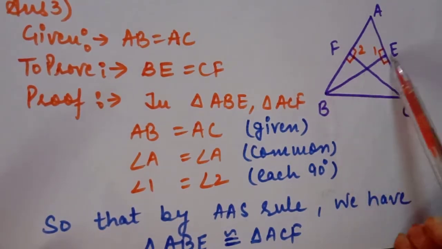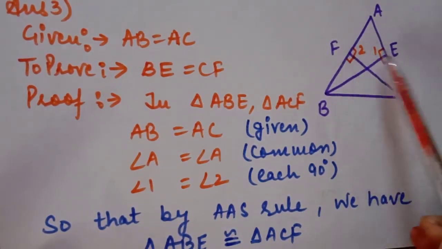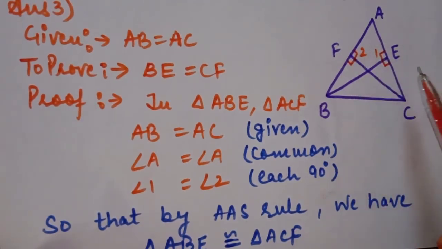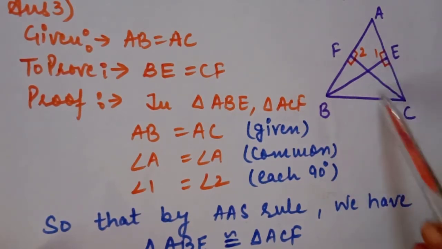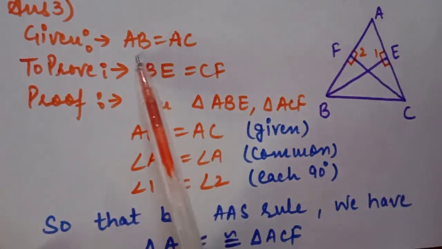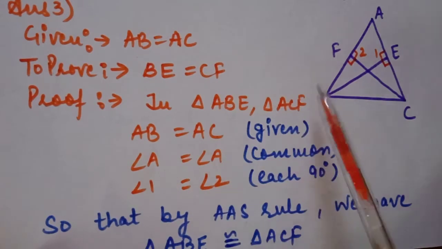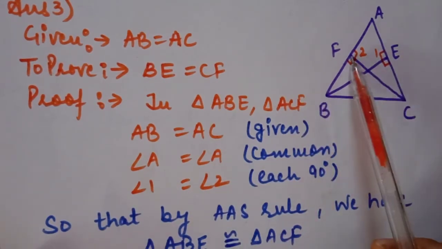Altitude means 90 degrees, and show that these altitudes are equal. We have to prove it. So what is given? AB and AC are equal to each other. To prove: BE and CF, the two altitudes, are equal to each other.